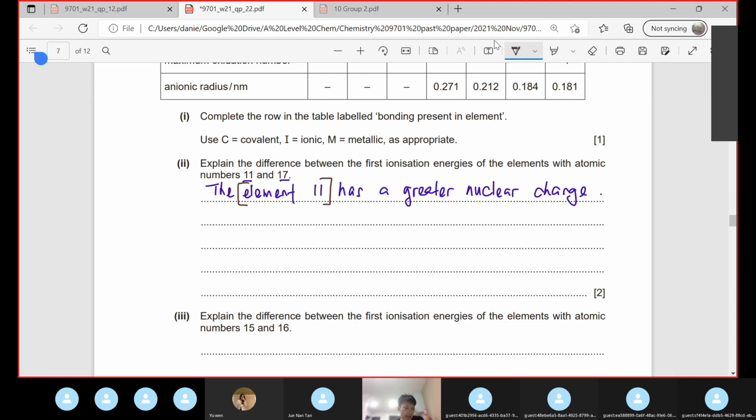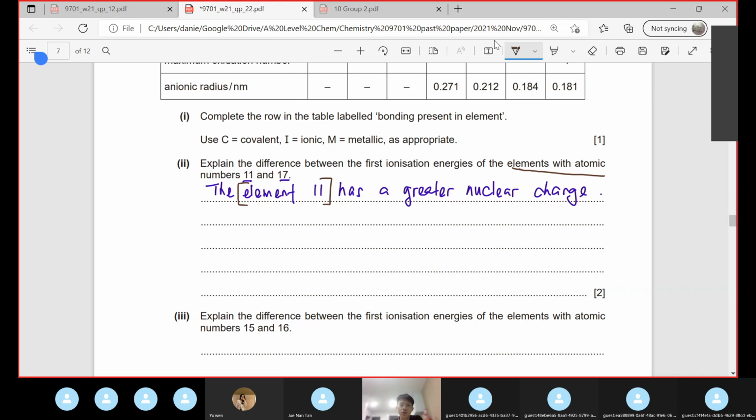But in the exam, if you do not know how to describe it, I would advise you to refer back to the question. Over here, they use the first ionization energy of the elements with atomic number 11 and 17. So why not just follow that? Let's say in the exam you are given something like this.